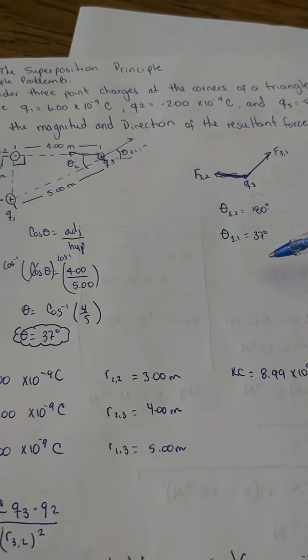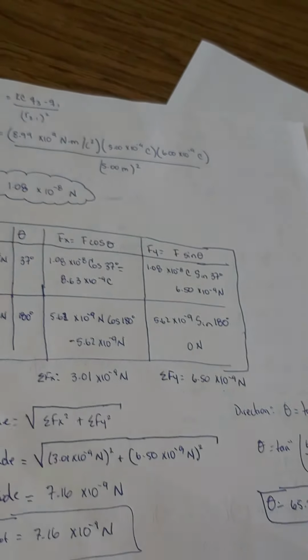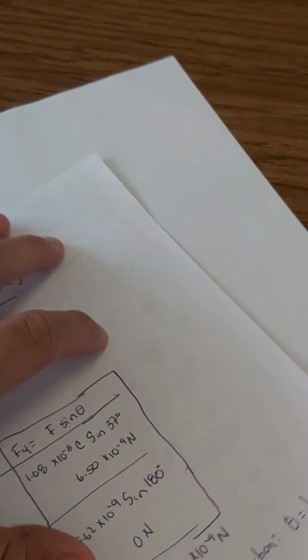So don't forget to use that table. We used this table in chapter 4, I think. We have to go back to using this table in order to find the magnitude and direction of the electric force on charge 3.